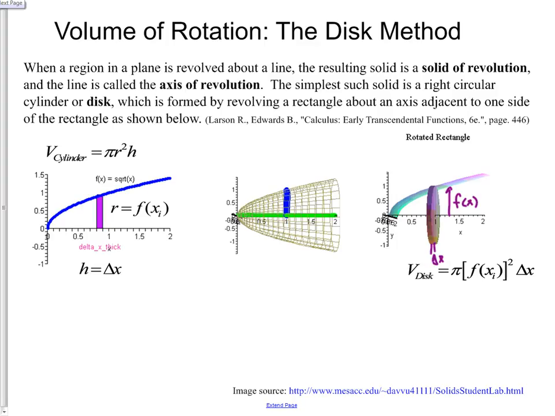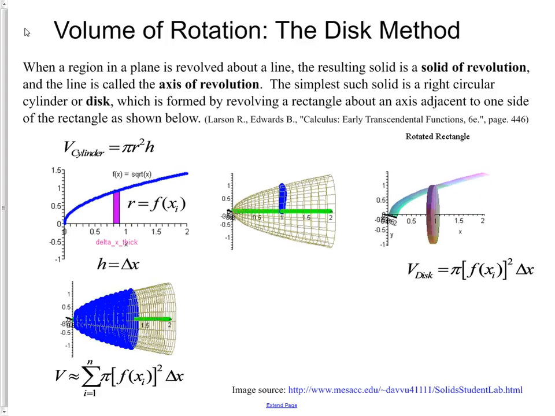Well, to approximate the volume under the curve, we're just going to take a bunch of these disks and add them together, like you see right here. So if we go along our curve from some point a to some point b and look at the sum of the volumes of each of these disks, we're going to get an approximate volume.